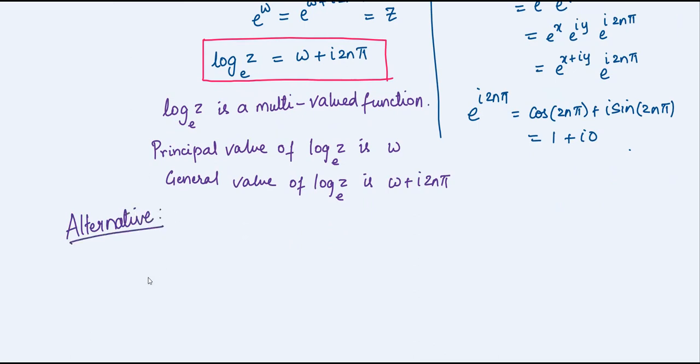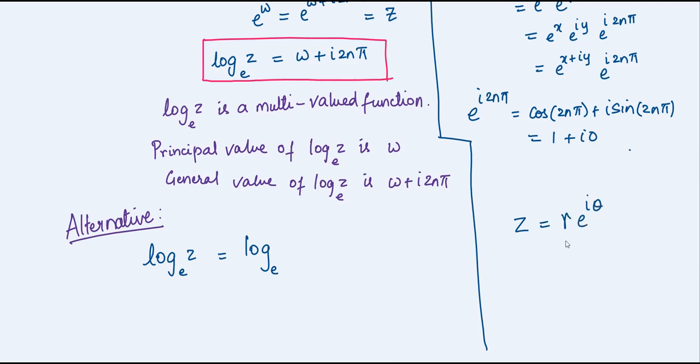Now logarithmic functions, log of z to the base e. We can also write z, if we remember, in modulus and argument form. So this is the modulus r, and this is the argument of a complex number. Okay, r e power i theta. So z can be replaced as r e power i theta.